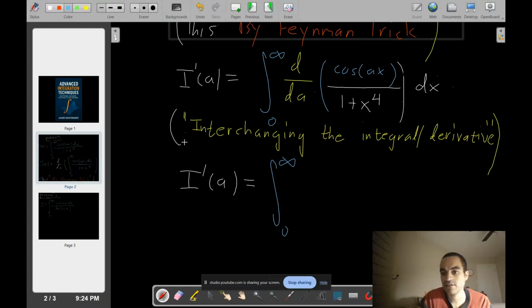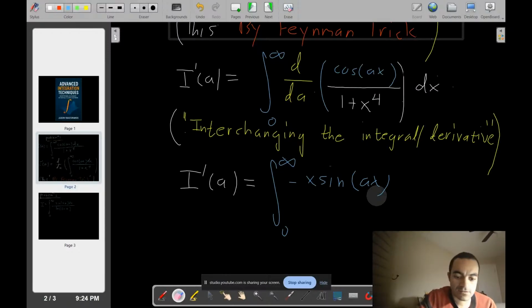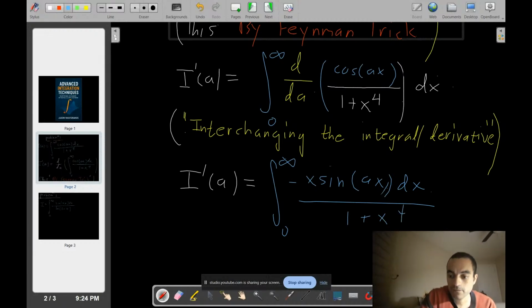It's going to be negative x sine x, because if you differentiate cosine, it would be negative. And after differentiating with respect to a, x is constant, so it becomes negative x sine of ax. Then we have the dx, all over 1 plus x to the 4. Let me know, guys, if everything is making sense here.